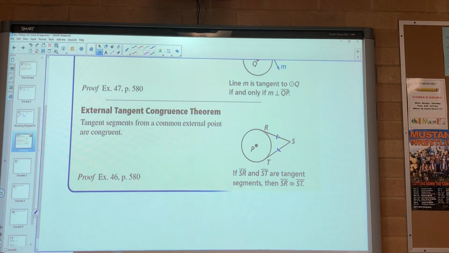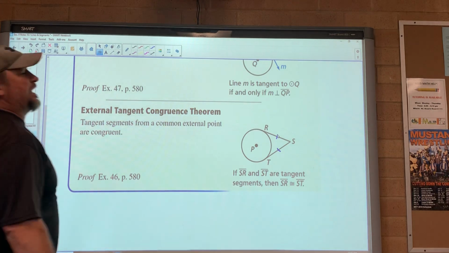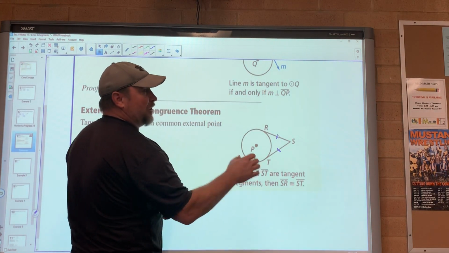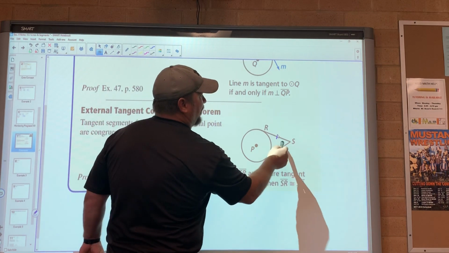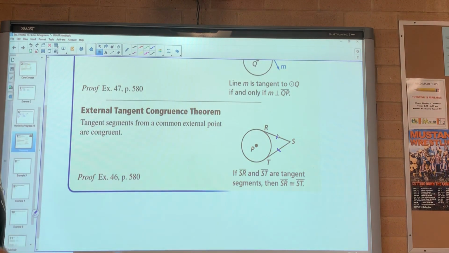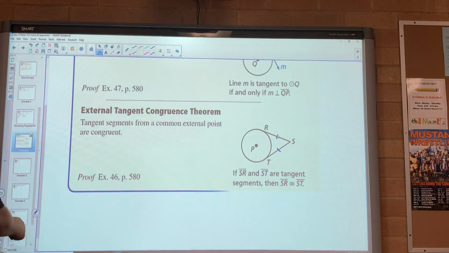And we'll prove that by doing some of the problems that we do here in just a minute. So as long as you have two tangents that meet at the same spot, kind of creating this ice cream cone, then the two sides that make that cone will be congruent, meaning we can set them equal to each other, okay?